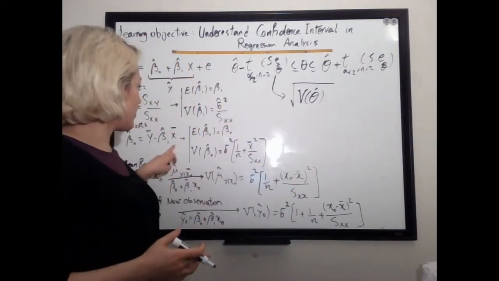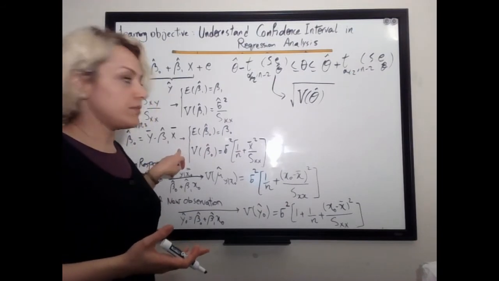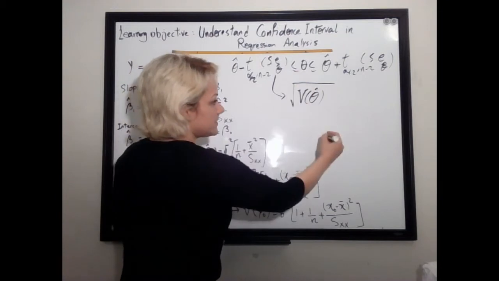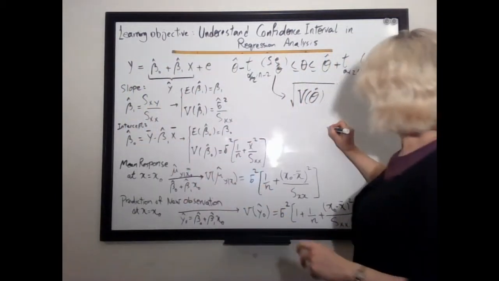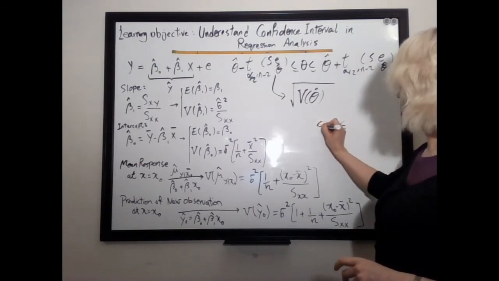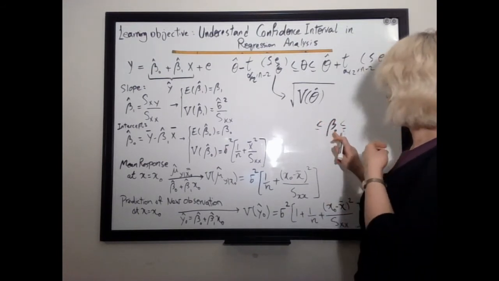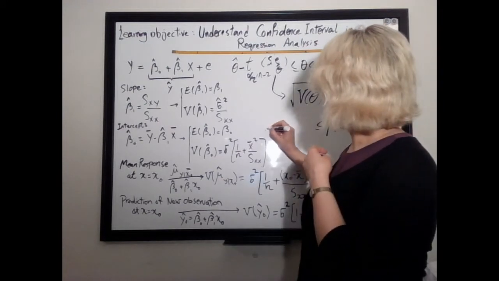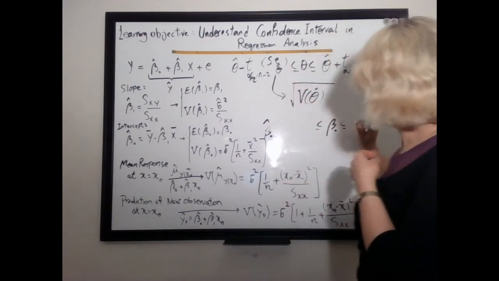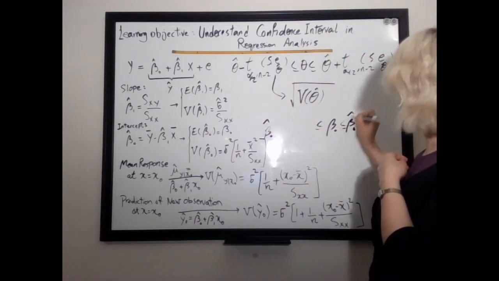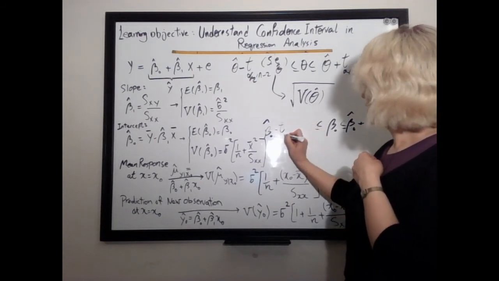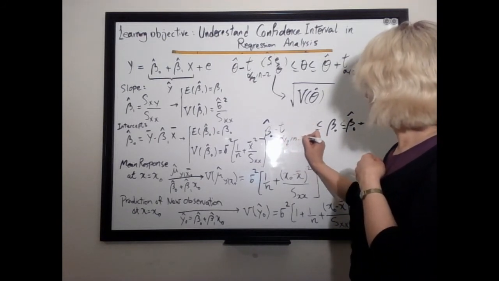So of course, if I want to write down what's going to be for the beta null. I'm interested, my theta is beta null. So my beta null is between two numbers, right? And then I'm going to have here beta null estimate, beta null estimate minus plus t, half of the alpha, n minus 2.